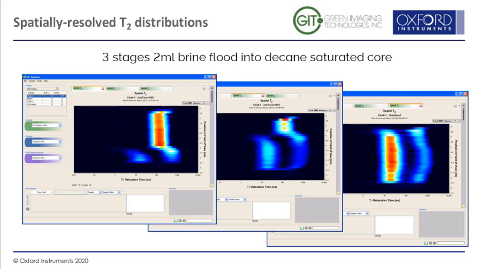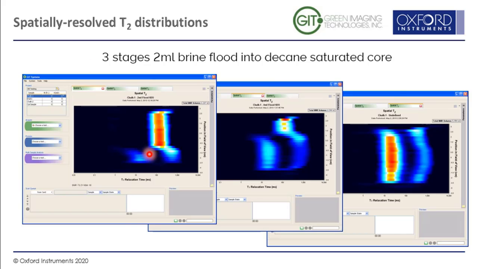The final example of an NMR application for core analysis in our webinar today is a fairly advanced one using spatially resolved T2 distributions. In a similar way to what we talked about earlier with capillary pressure measurements, we can divide a core sample virtually into slices. But in this case, instead of measuring saturation in each slice, we collect a T2 distribution in each slice.